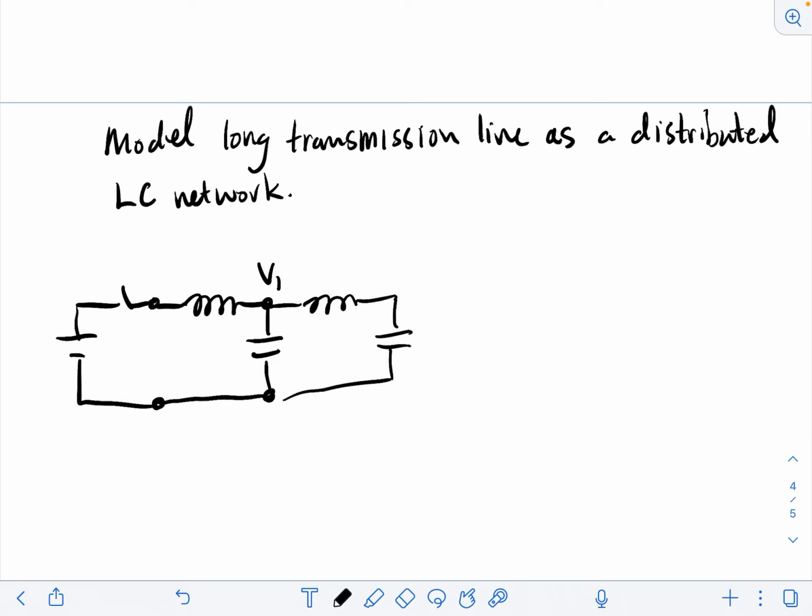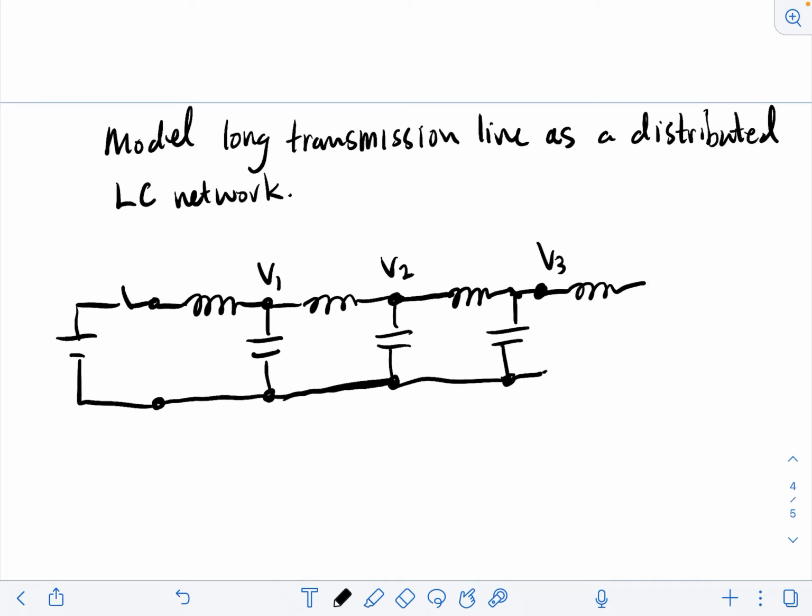And now that we have additional components in our model, we can have different voltages at these different points. So here's V3. And we can just keep going. So here would be V4. And you just keep going with this type of model.